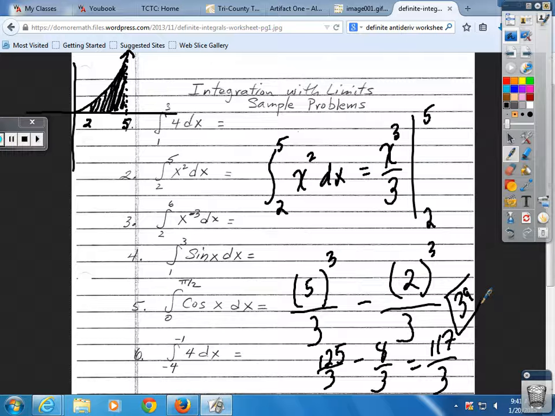39 acres. Hang on, we got a road here. Oops, sorry. There's a road there. Got a road here. Got a road here. And got a bridge here.